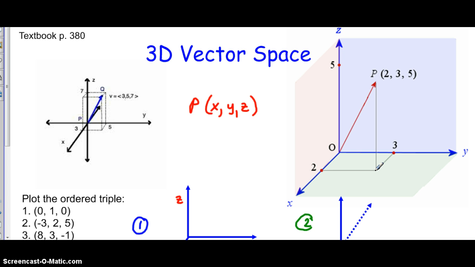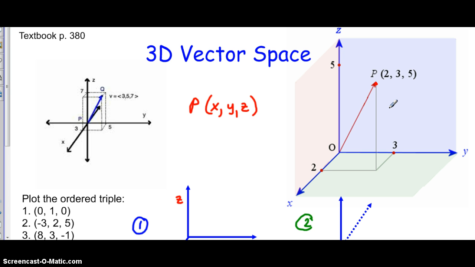And now we're going up 5 units: 1, 2, 3, 4, 5. So our point P would be represented at this point here, at (2, 3, 5). And our vector, if we're drawing a vector from the origin, OP, you can see the red line there, and now you can see what we're going to be working on today.